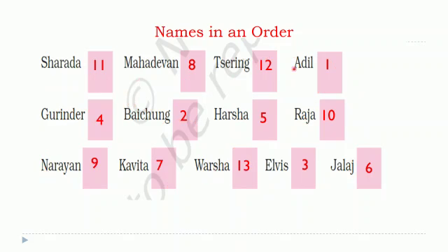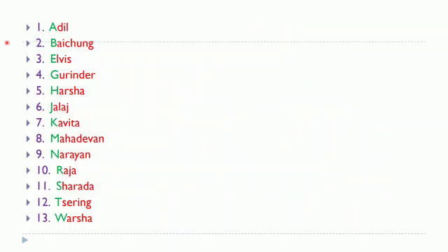Okay, so we have just put them in order. So we will arrange them in alphabetical order. Now here we have arranged the names alphabetically. So if we look at the first letter, you see here A, B, then E, because C and D names were not there.